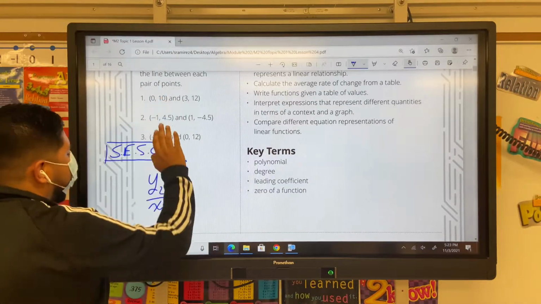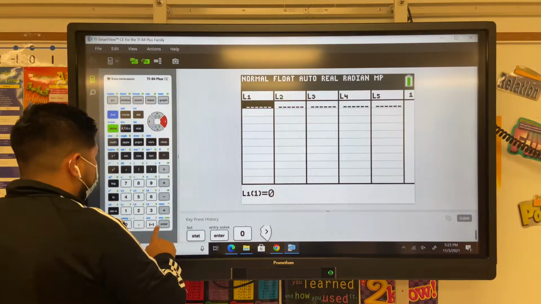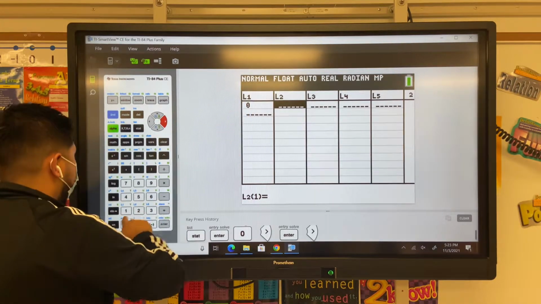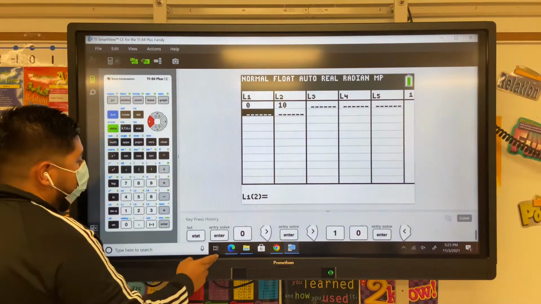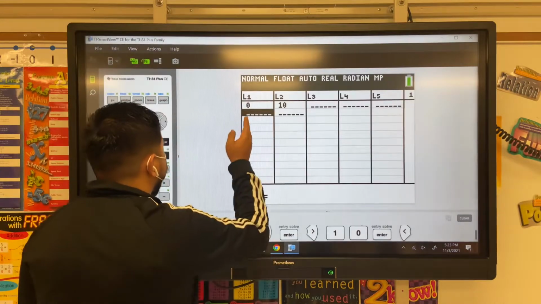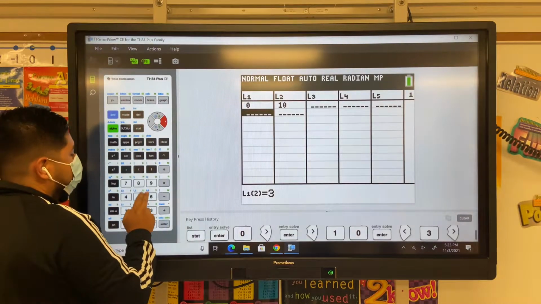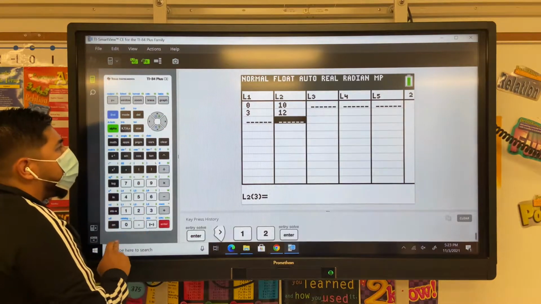Fill in the table accordingly. We got 0, 10, 0, enter, 10, XY of course. Coming over here, 3, 12, 3, 12, enter.